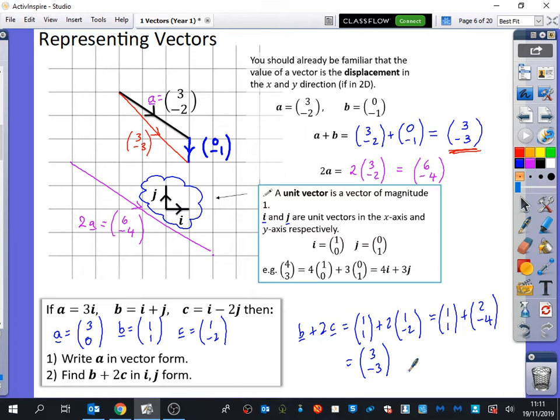Make sure you've got all those bits written down. We're going to have a look at the next page. Oh, in I and J form, correct. So we should write that back as 3I minus 3J.